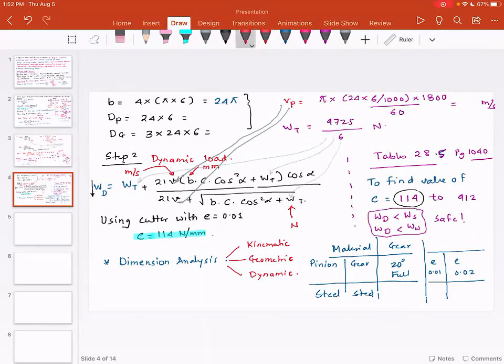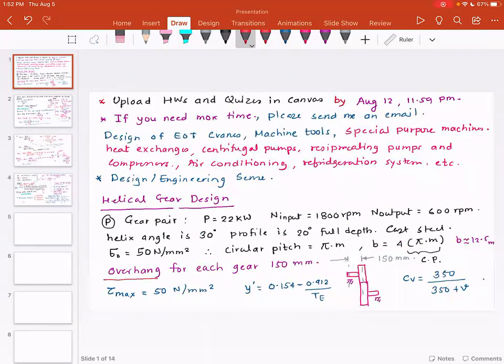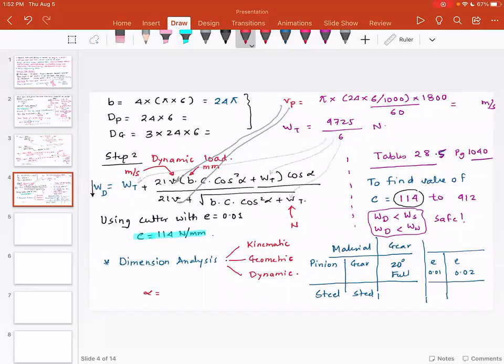Alpha value, as we know, is given to us, which is 30 degrees. Value of B should be in millimeters, which is 24 pi.